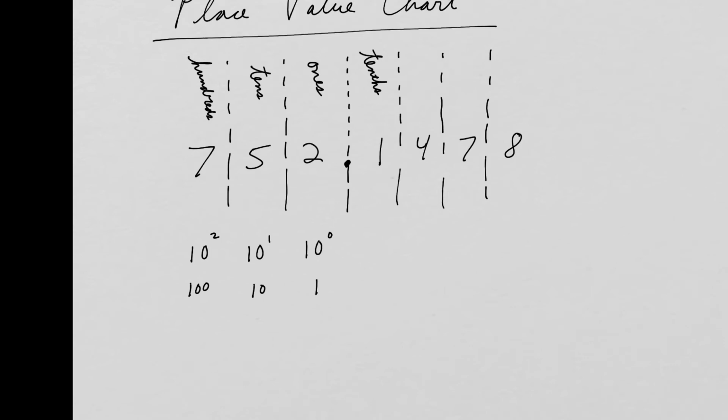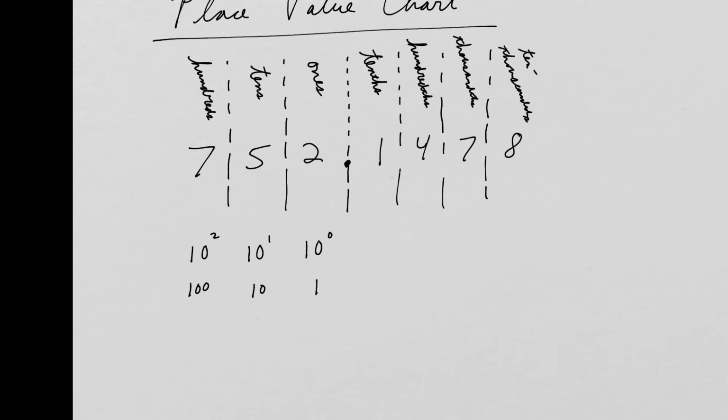So tenths, and then hundredths, again with a th, then thousandths, with a th, then 10,000ths, and so on. In terms of powers, you can think of the exponent as being decremented by 1.